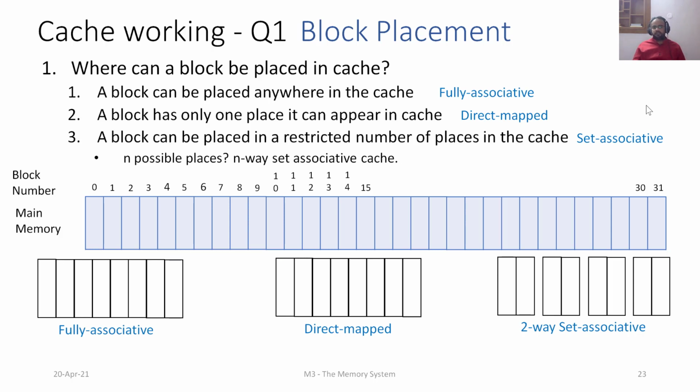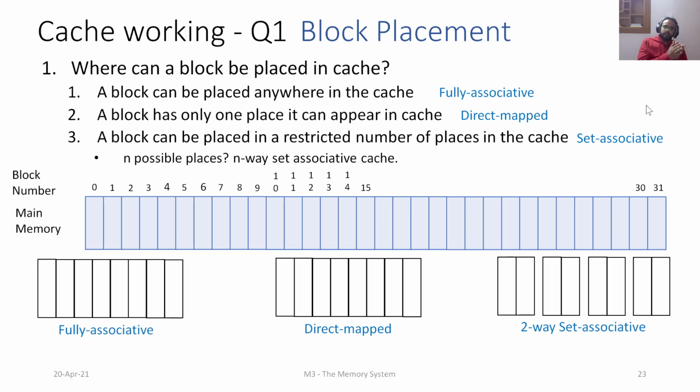They'll be in kilobytes or hardly a few megabytes, right? So at any given moment, only some portion of the main memory can be placed in the cache. Now, the first question will help us answer where we can place a block in the cache.